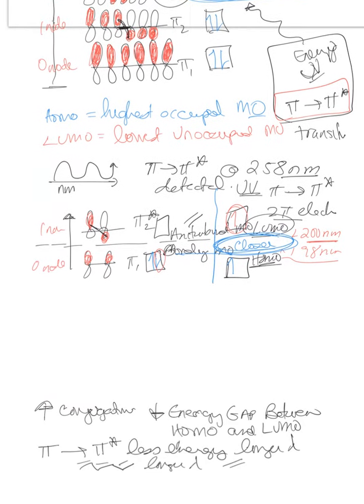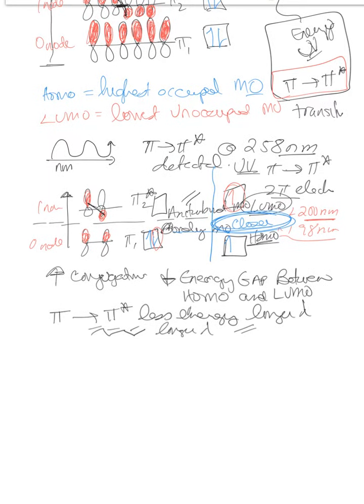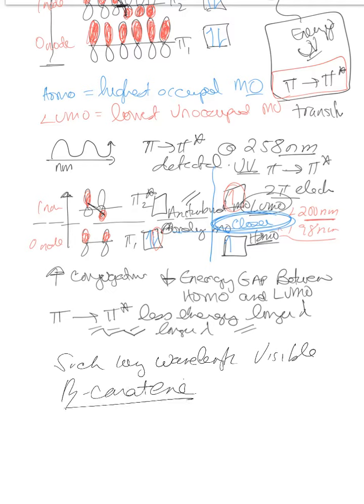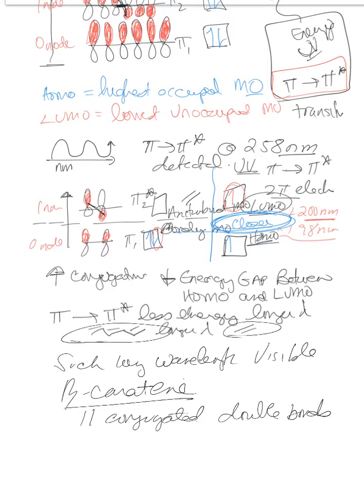In fact, conjugation is exactly what gives us such long wavelengths that we get in the visual spectrum, the visible. So an example is beta carotene. I'm not going to draw the structure here, but you can look at it. It has 11 conjugated double bonds. Okay, so you think 1,3,5 hexatriene has 3, ethene only has 1.